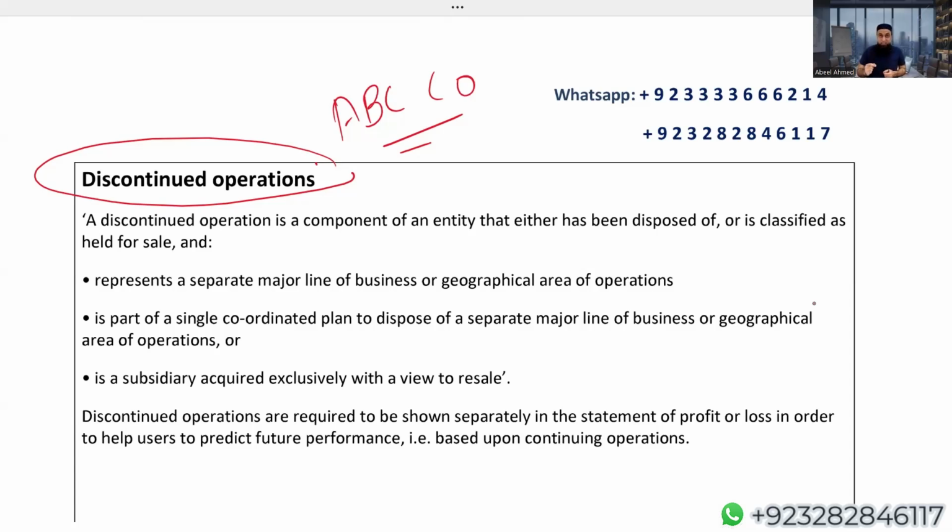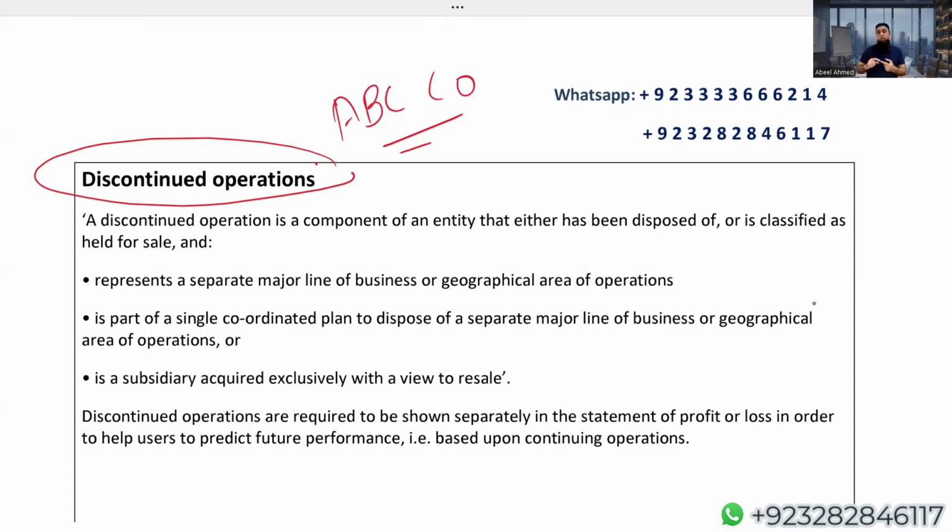Once the criteria is met, it is necessary to show product B's operation as a discontinued operation. If you don't do that, then you are deliberately misleading your shareholders. For example, in 2026 your company decides that in 2027 it will sell product B, and all the discontinued operation criteria are met, but you're not preparing your financial statements by applying IFRS 5.